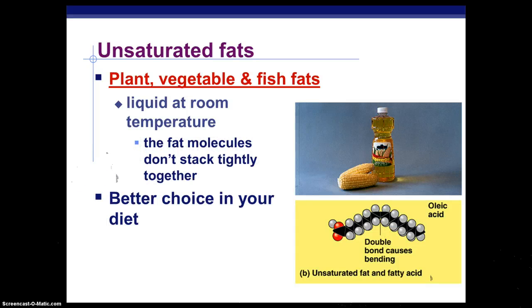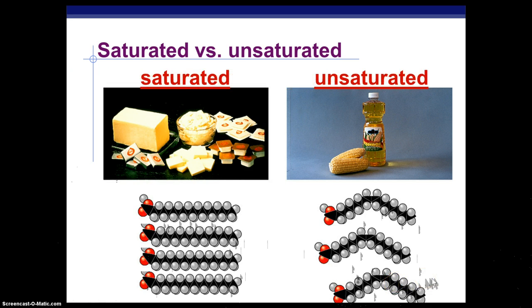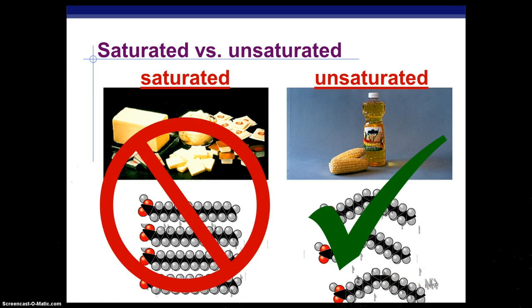And the reason why it's better is because in this picture of this lipid, it actually has this kink in the middle due to a double bond. And because of that, they won't lie flat in your arteries. Like if you imagine this in your artery, it would clog it really fast. This way you still have blood being able to get through your arteries. So unsaturated are the way to go.